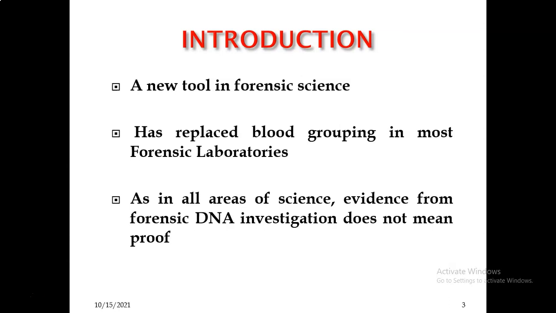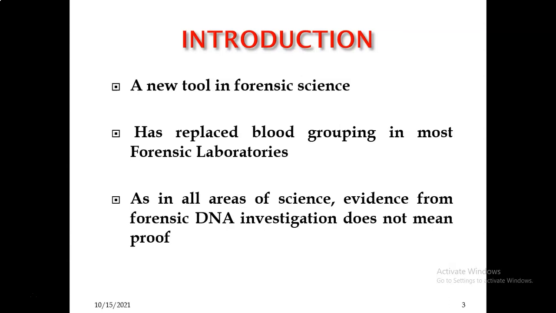As in all cases of science, evidence from forensic DNA investigation does not mean proof. It means if DNA from the crime scene matches with DNA from a suspect or victim, especially the suspect, it doesn't prove that the suspect committed the crime.